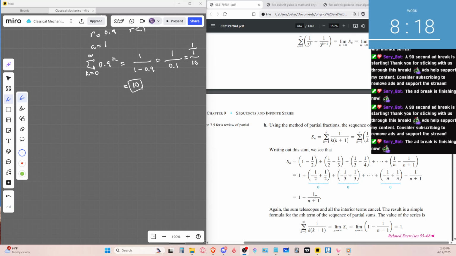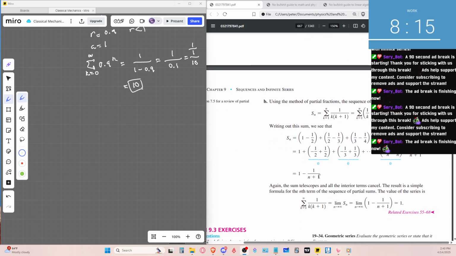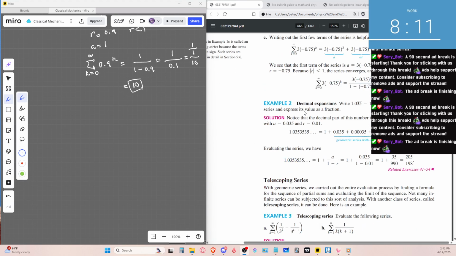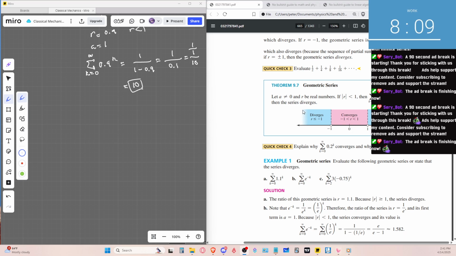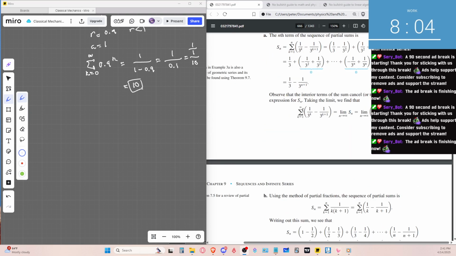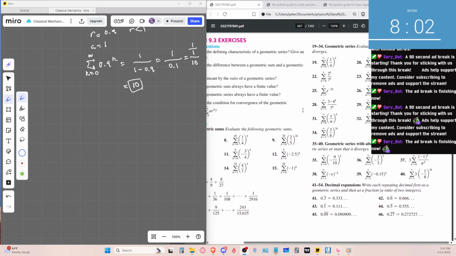This part will definitely go to 0, and then it'll be equal to 1. Okay. They don't cover that much about alternating series, so let's take a look. So evaluate the geometric series or state that it diverges. So does that mean you have to solve this similarly to the way you would solve a regular geometric series?